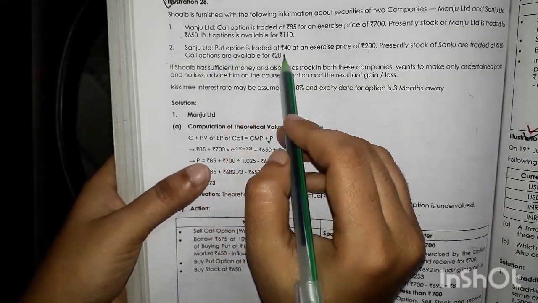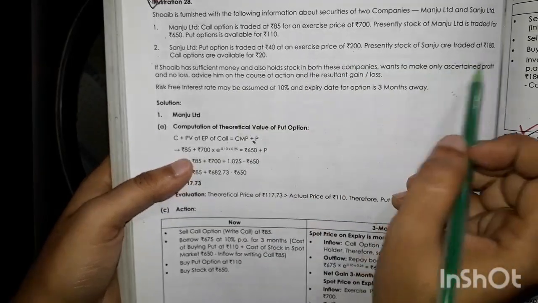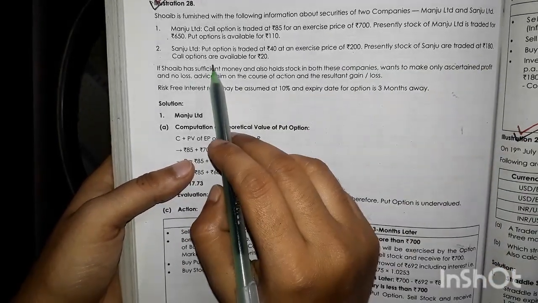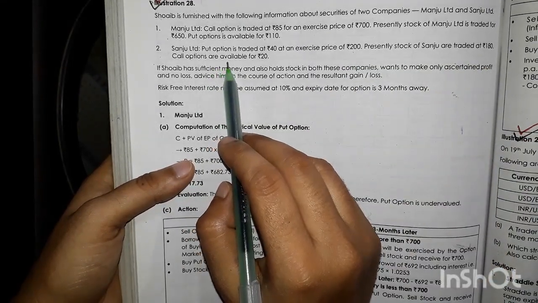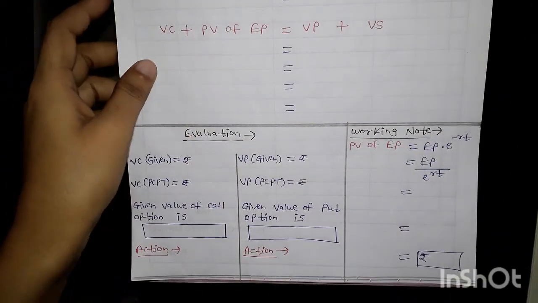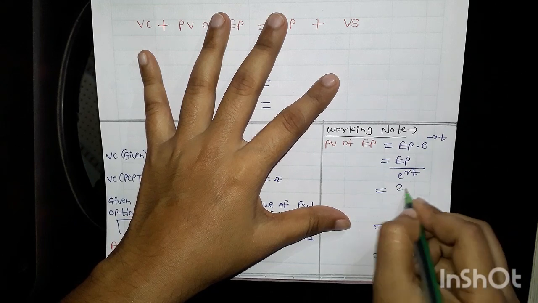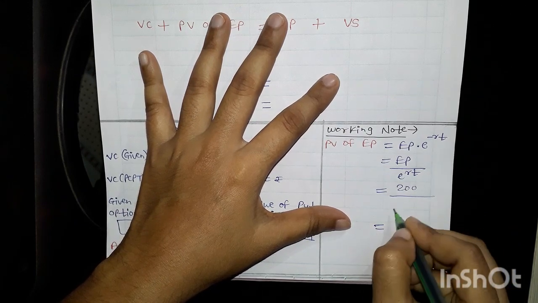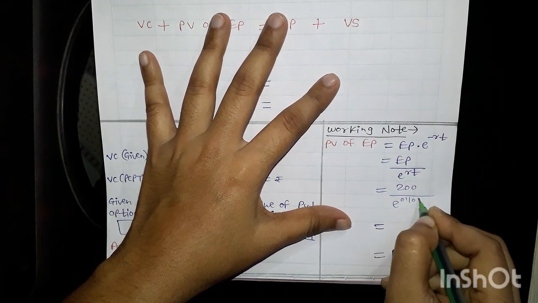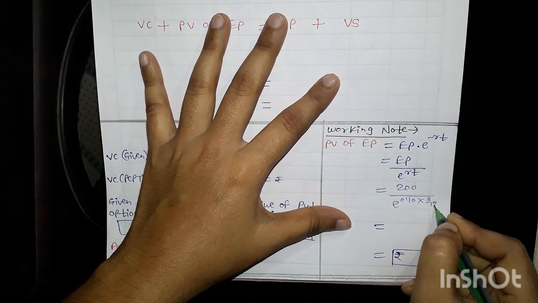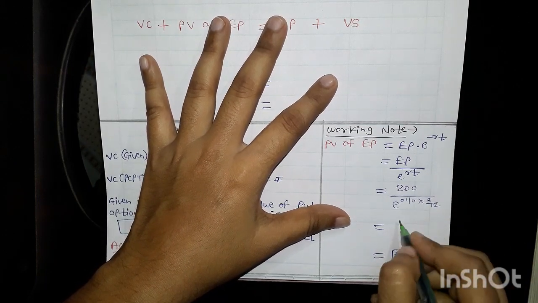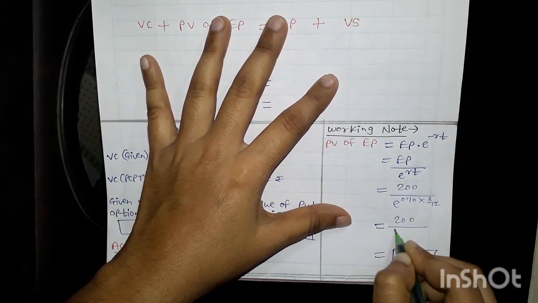See, the information is here: put option 40, exercise price 200, stock value 180, and call option 20. So the exercise price is 200, and we know the formula: 200 divided by e to the power 0.10 multiplied by 3/12.